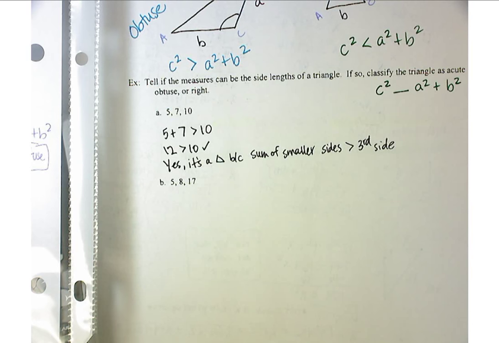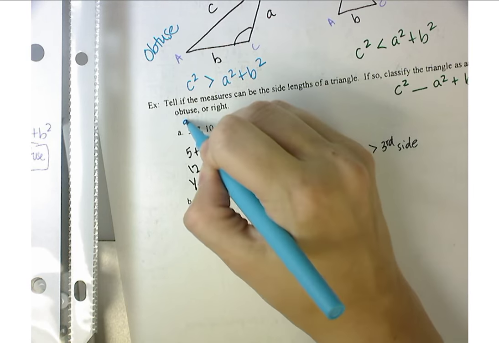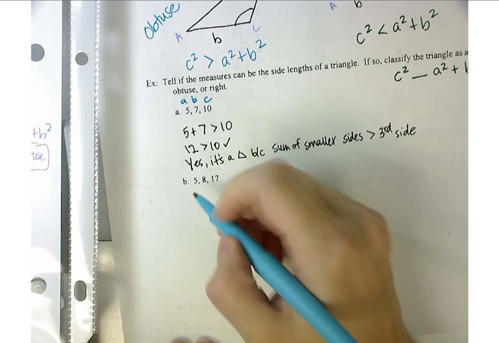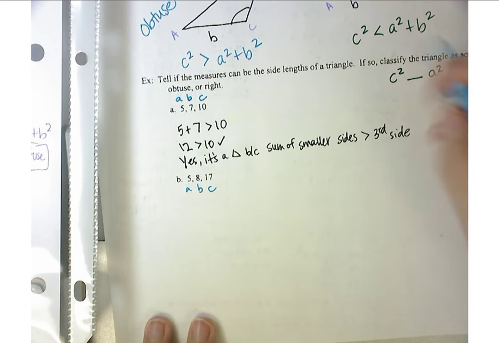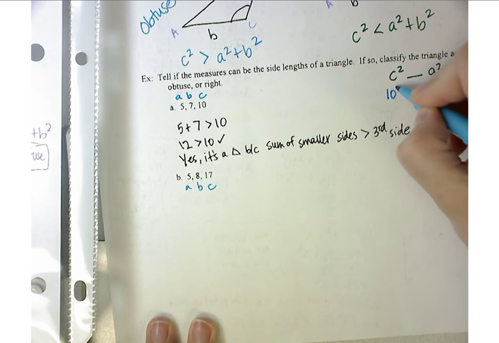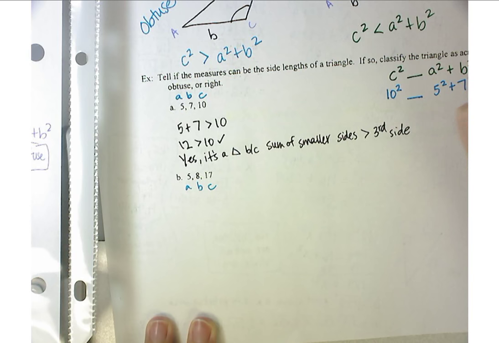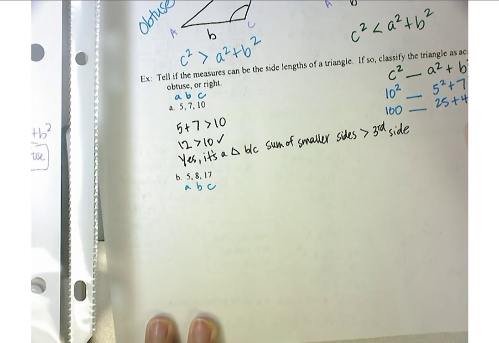So the way that they give these to you, they're always going to give you in the order A, B, C. So like for B, this is A, B, C. So your C squared is 10. So 10 squared blank, 5 squared plus 7 squared. So 10 squared is 100. 5 squared is 25, and then 7 squared is 49.